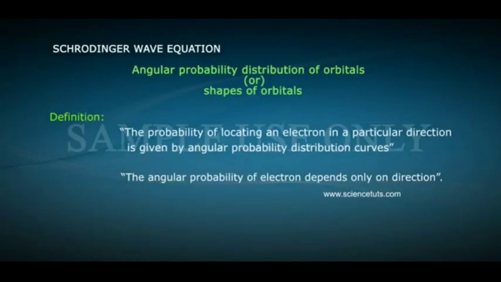Angular probability distribution of orbital, or shapes of orbitals. Definition: the probability of locating an electron in a particular direction is given by angular probability distribution curves. The angular probability of electron depends only on direction.